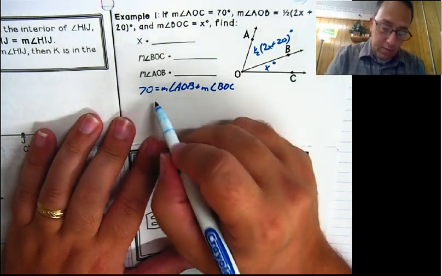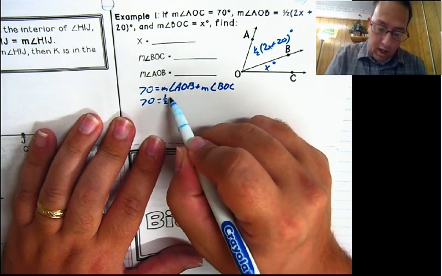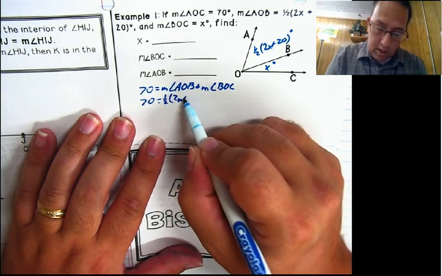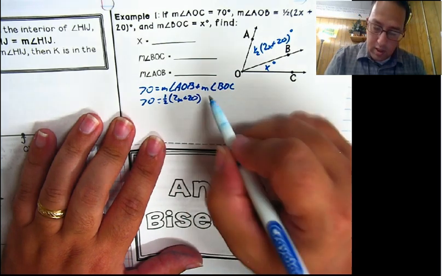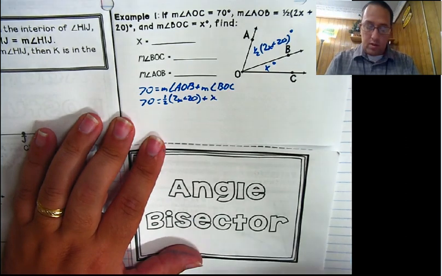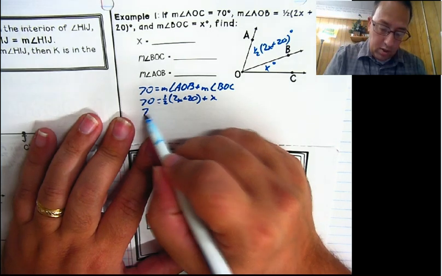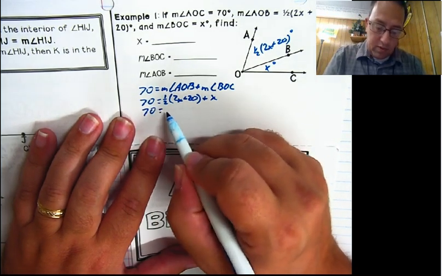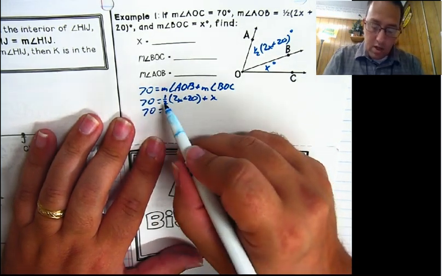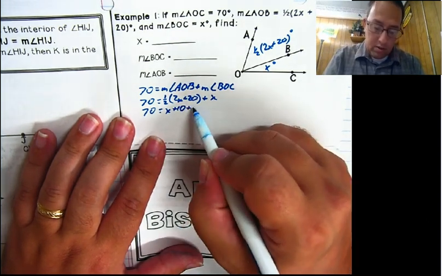And then we plug it in: 70 equals 1/2 (2x plus 20) plus x. All right, so let's solve this. First, we need to distribute that 1/2. So 70 equals 1/2 times 2x is 1x, 1/2 times 20 is 10, and then just drop down the plus x.